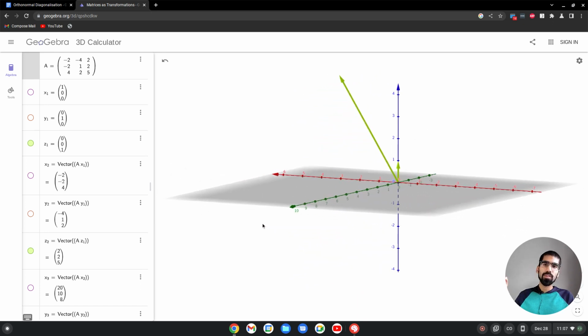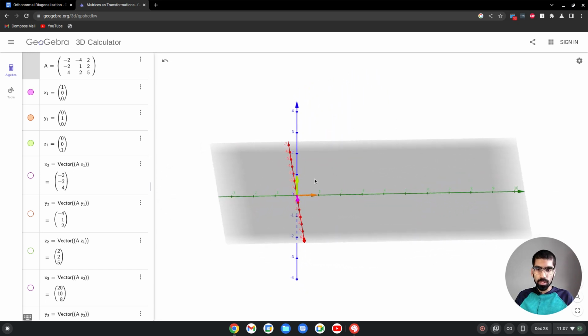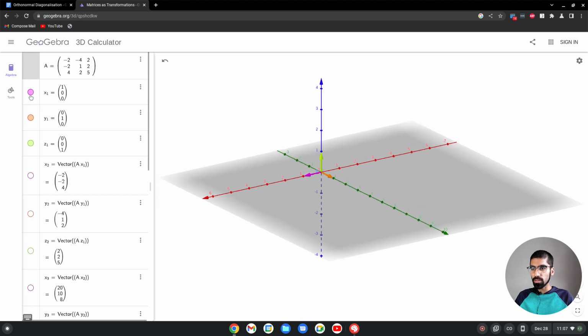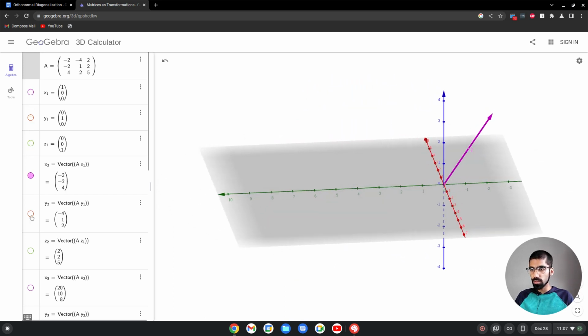So this is a very fundamental idea. When we have matrix vector multiplication, anytime we have it, the visual interpretation is we're taking some vectors like this, and then transforming them into some new vectors like this.